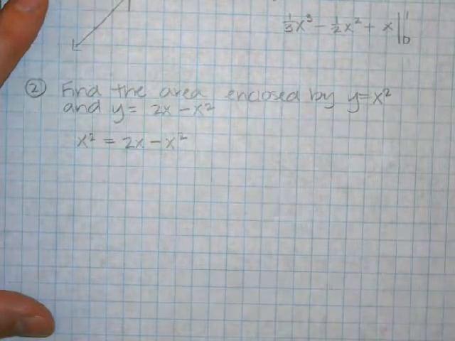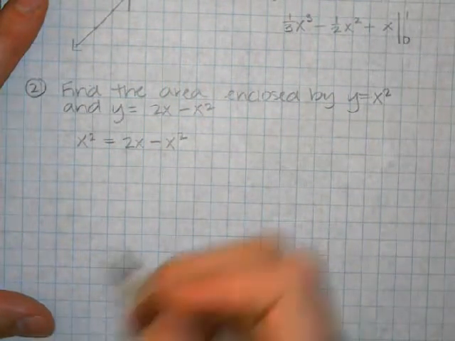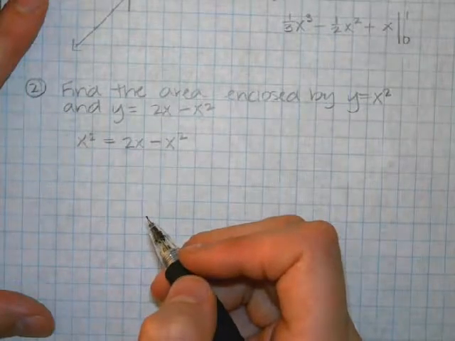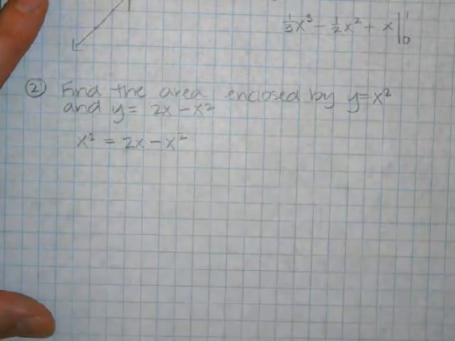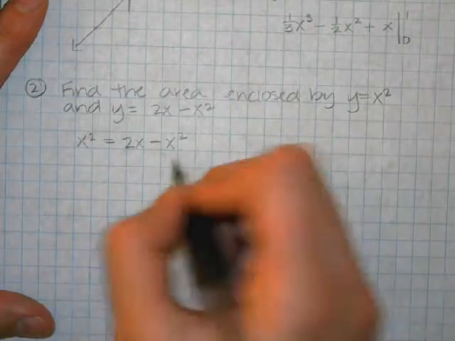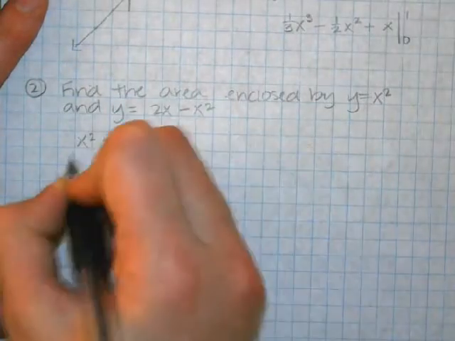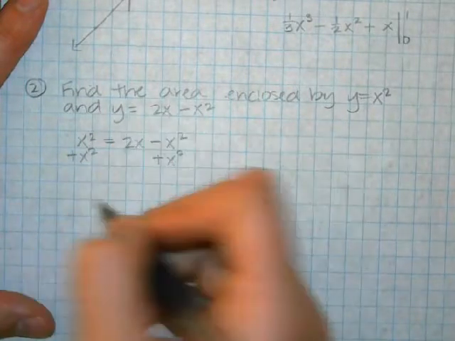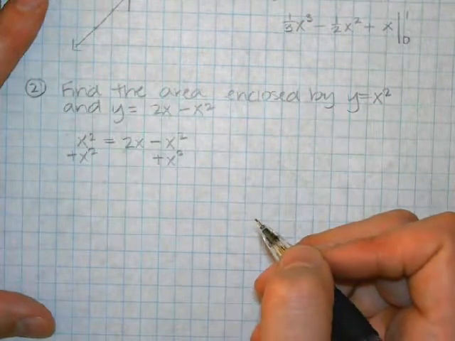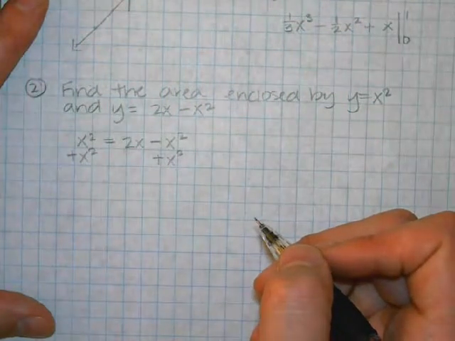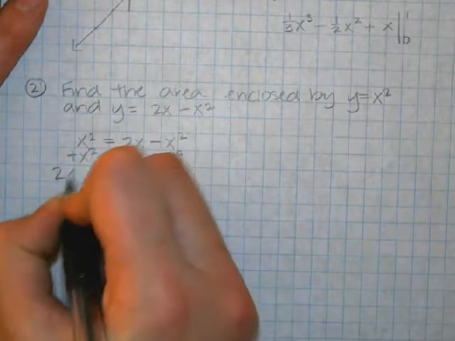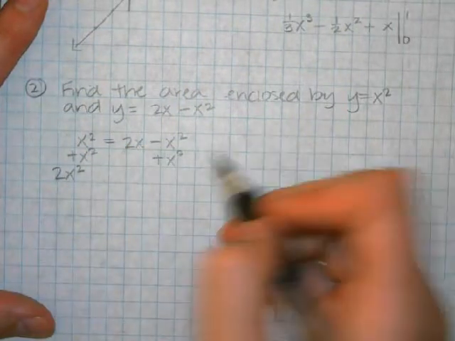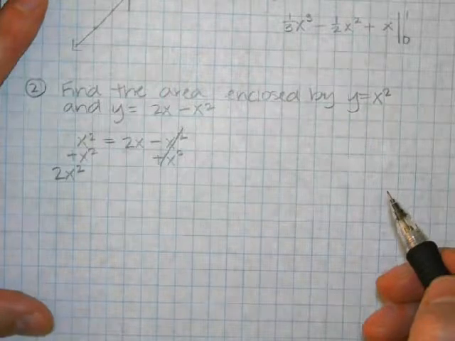And how would I solve that equation? Plus x squared. You guys want the x squared to be positive. That's okay. So x squared plus x squared is 2x squared. Perfect. Okay, and then what else do we need to do?